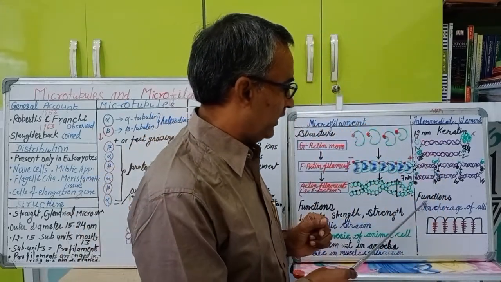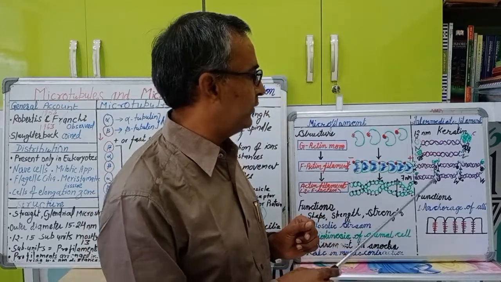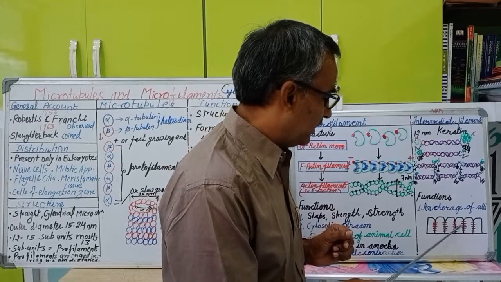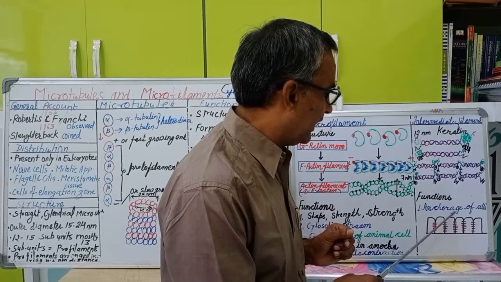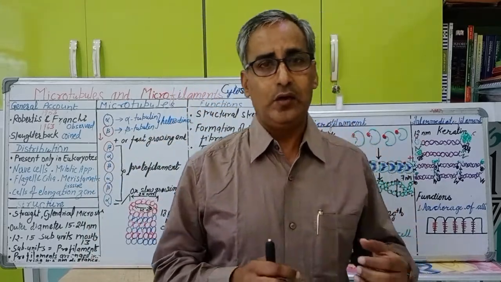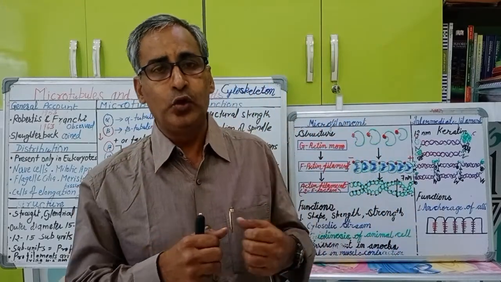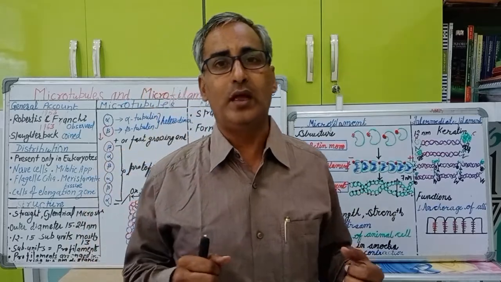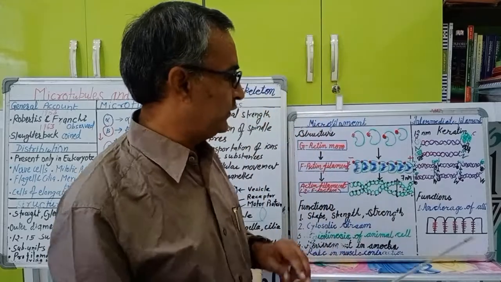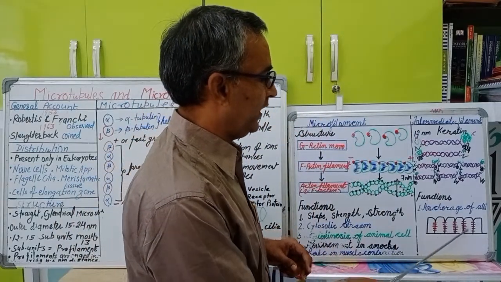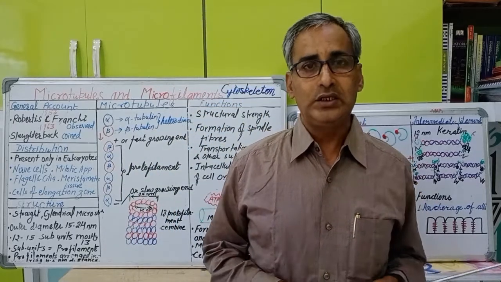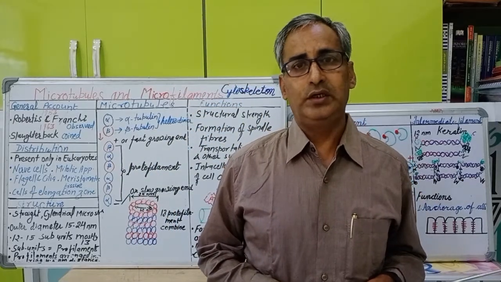Another important function of intermediate filaments is that they help in attaching the cells to one another, in such a way that if we want to pull apart one cell from another, it is very difficult, because of the stitching of these intermediate filaments in between, and that's why the cells cannot be pulled apart from each other.